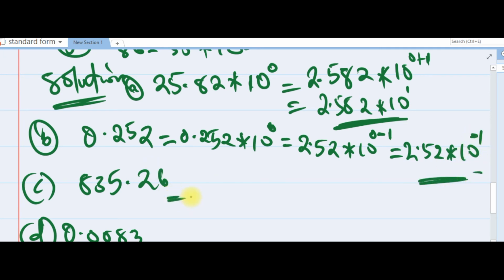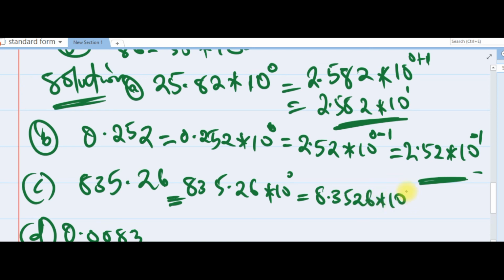The third one is the same thing. You first write it with 10 raised to 0. We now move backward 2 times, 1, 2. So it's now 8.526 times 10 raised to 0 plus 2, which is 2.